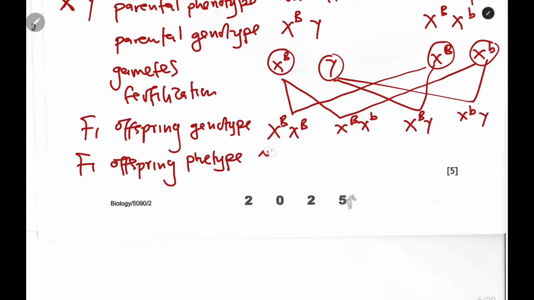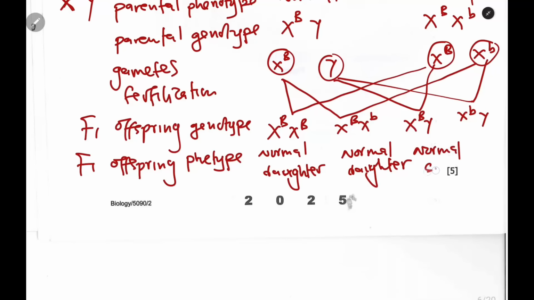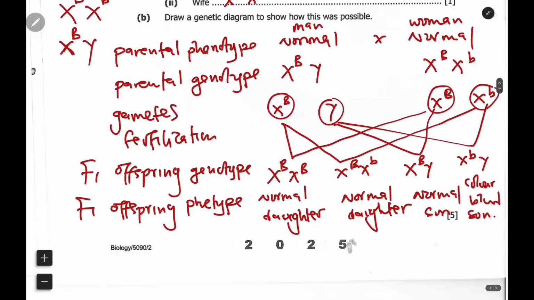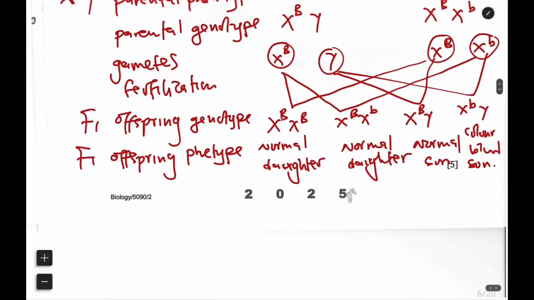This is the normal daughter, this is the normal daughter yet a carrier, this is the normal son, and the last one is the colorblind son. This is how it was possible. This is the genetic diagram, and for this you get 5 marks.